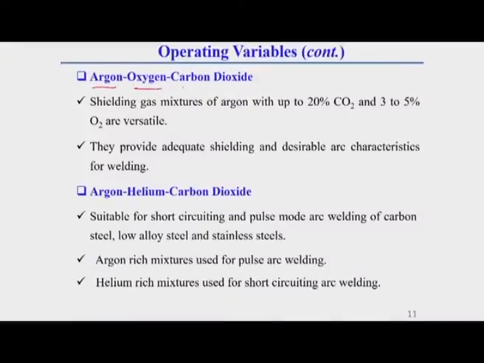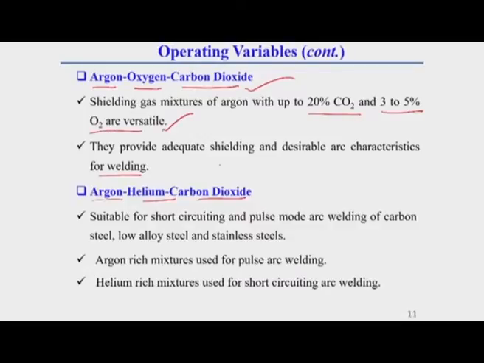One is argon, oxygen and carbon dioxide, and another is argon, helium and carbon dioxide. These gas mixtures provide adequate shielding and desirable arc characteristics for welding. That is why we can use a shielding gas mixture of argon with 20% carbon dioxide and 3 to 5% oxygen, which is versatile.